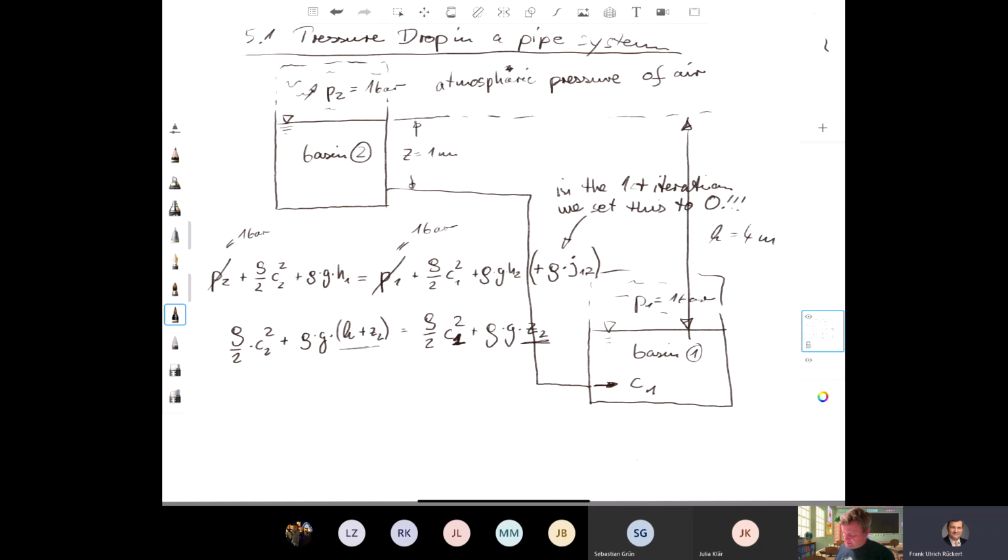Let's say the velocity here is 0, c2. And then we can write c1 squared equals, and subtract this. Okay, divided by 1 equals. Okay.